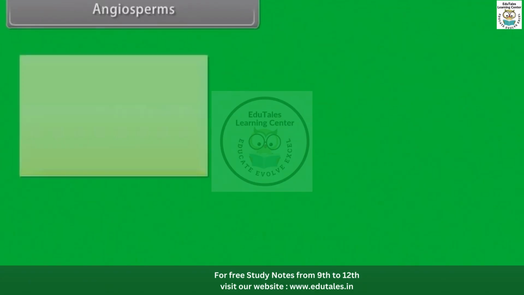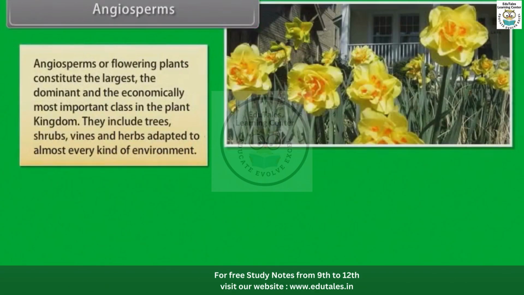Angiosperms. Angiosperms or flowering plants constitute the largest, the dominant, and the economically most important class in the plant kingdom. They include trees, shrubs, vines, and herbs adapted to almost every kind of environment.